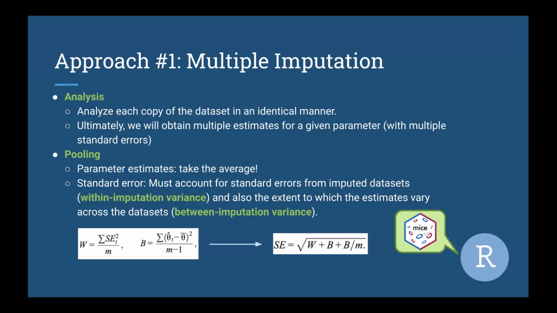For standard error, that's a little more complicated because there's variability in the imputed data sets themselves, since they all have different imputed values, but also variability within the estimated parameters themselves. So what you want to do is combine the within-imputation variance, which results from the difference in imputed values, and the between-imputation variance, which results from the different parameter estimates. And R has a nice way to do this with the MICE package, which I assume we'll be talking about today.